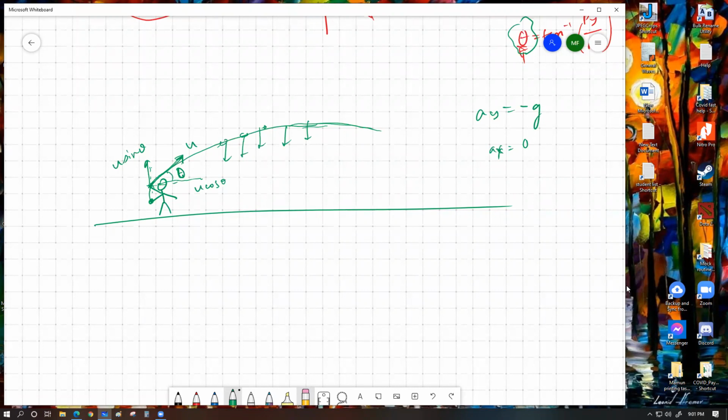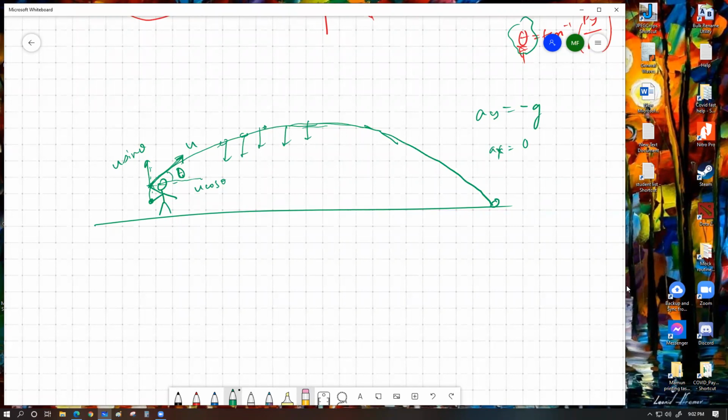And that way it's going to cover this whole distance, and after covering a significant distance, it will eventually hit the ground. Now, important bit: the motion is defined as a projectile motion till it hits the ground, or right up to the moment before it hits the ground.